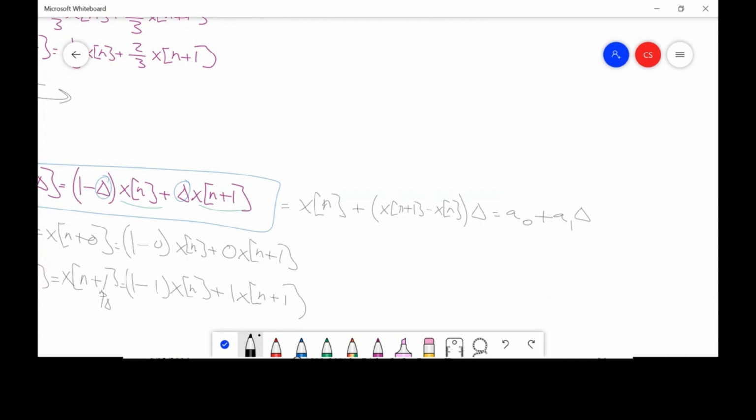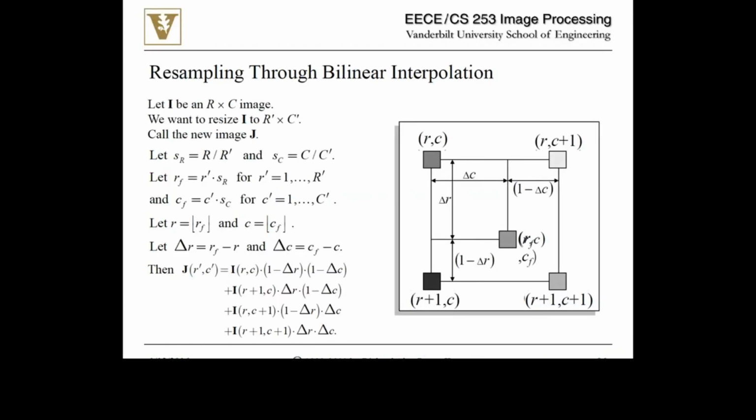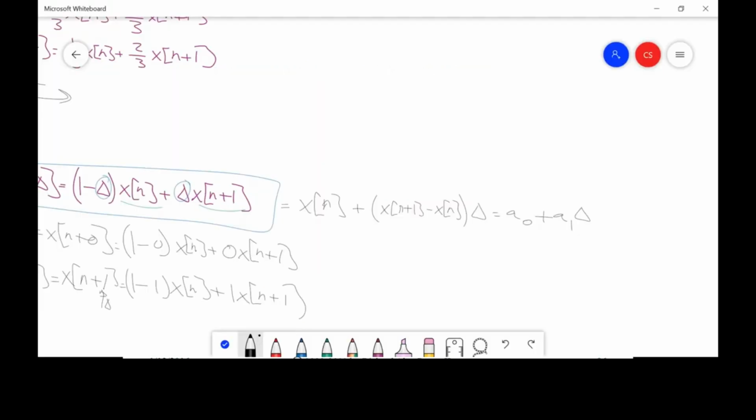So if this other equation is a plane, what is the equation of a plane? The value that I'm interpolating only depends on delta R, delta C. Those are my free variables.